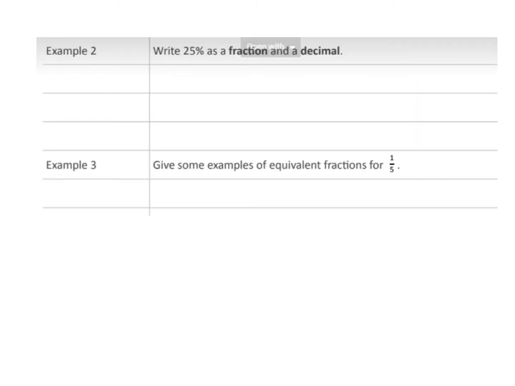This is what you're going to be doing a lot on your homework. You're going to be writing percents, fractions, and decimals and be able to go through all of them. So let's start with 25%. 25% as a fraction. Remember, percent means out of 100. So 25% is 25 out of 100.